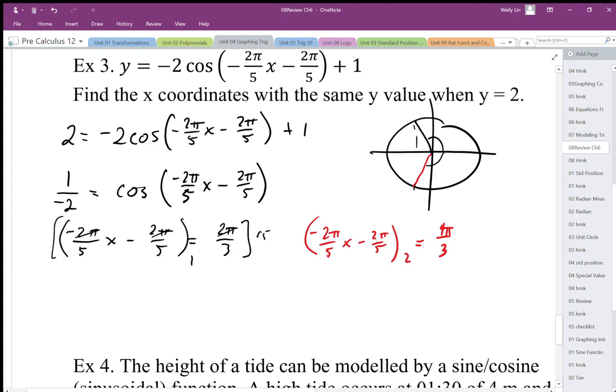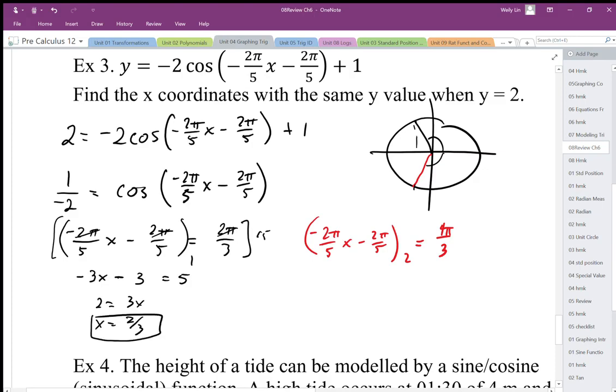So I'm going to end up with -3x minus 15 divided by 5 is 3, and 15 divided by 3 is 5. So I'm going to end up with 2 equals 3x, x equals 2/3. So there's one answer.